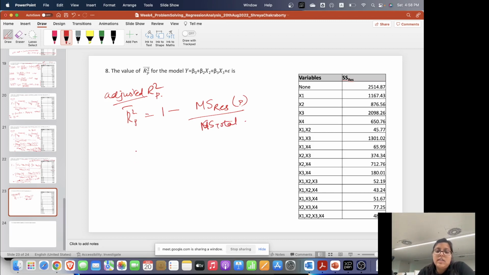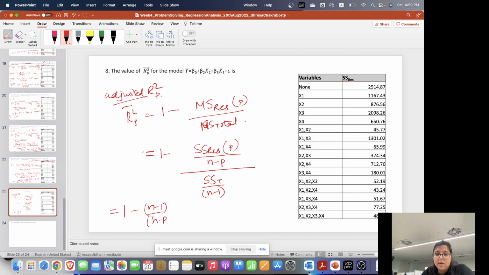So this is nothing but 1 minus SS residuals P by n minus P, because there would be P number of unknown parameters, and this would be SS total by n minus 1. So if we just rearrange, it would be n minus 1 by n minus P, SS residuals due to P parameters by SST.